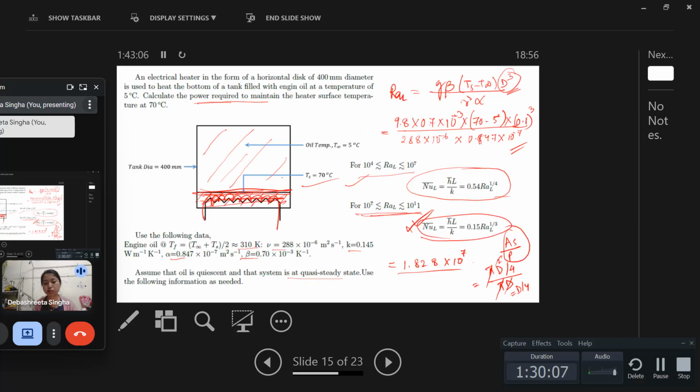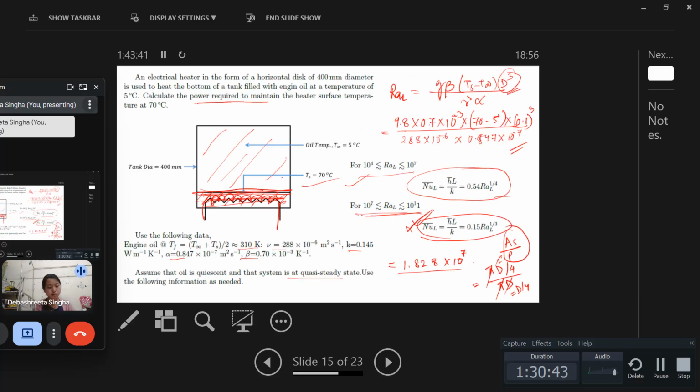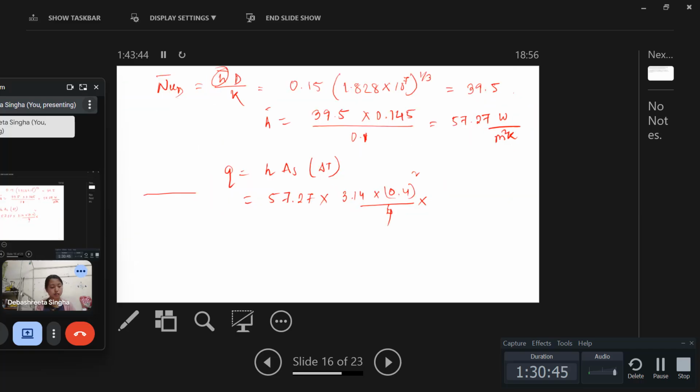Now what we were asked to find out is the power, that means Q. Okay, since we got the H, we can find out Q. For Q, H A_s delta T: H is 57.27 into A_s, pi d square by 4 only, into T_s minus T infinity, 70 minus 5.